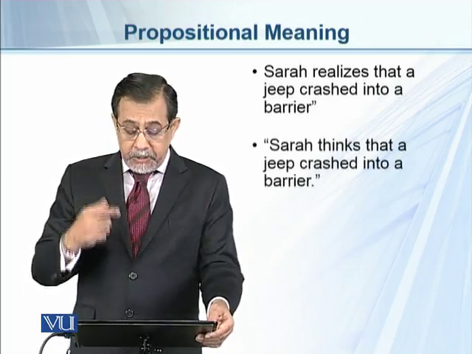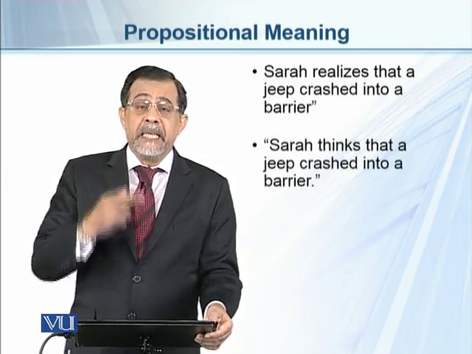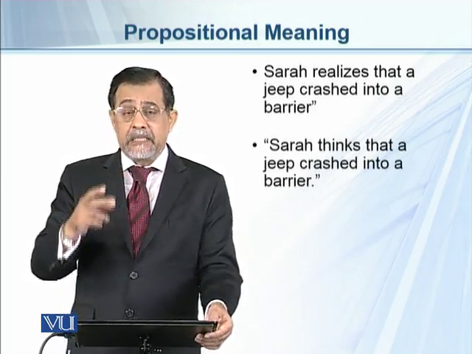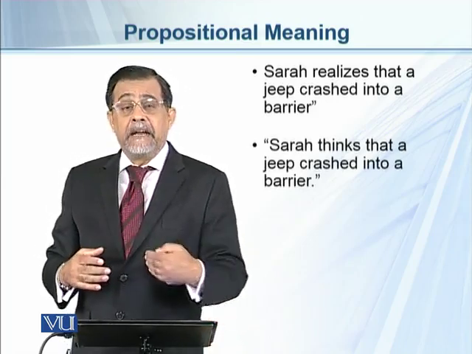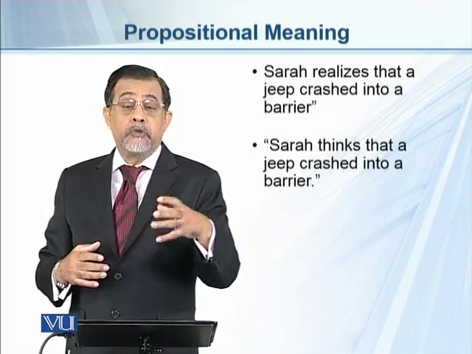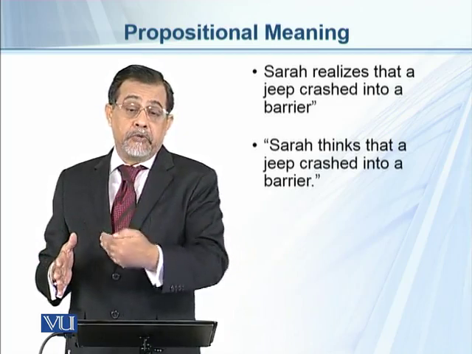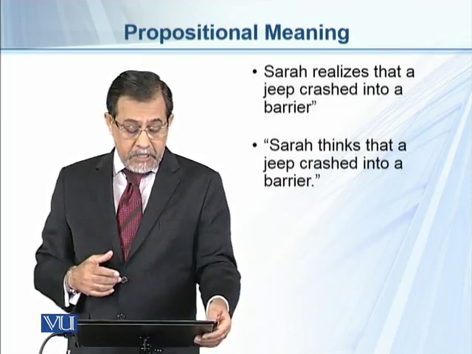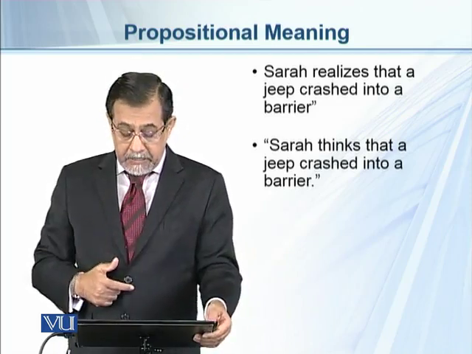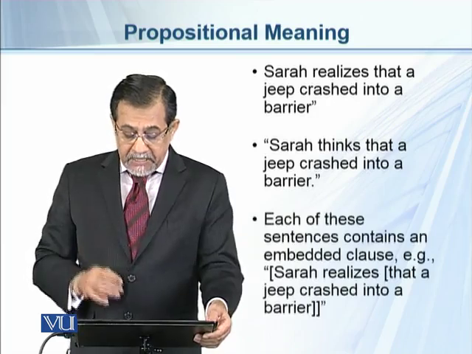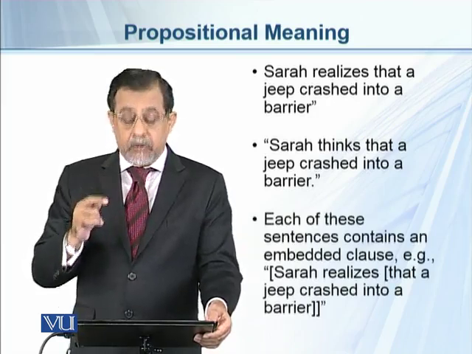Sarah thinks that a jeep crashed into a barrier. Here we have two verbs that are in the superordinate or the main clause, and then we have two embedded sentences in each of these two main clauses. Each of these sentences contains an embedded clause.